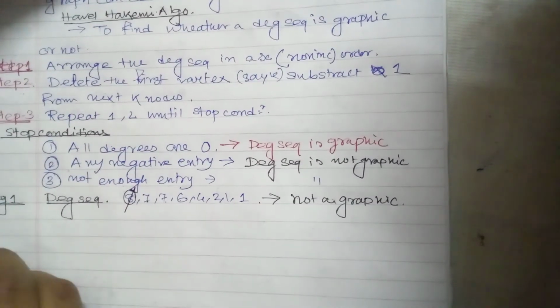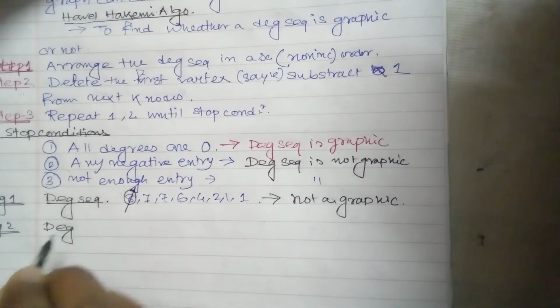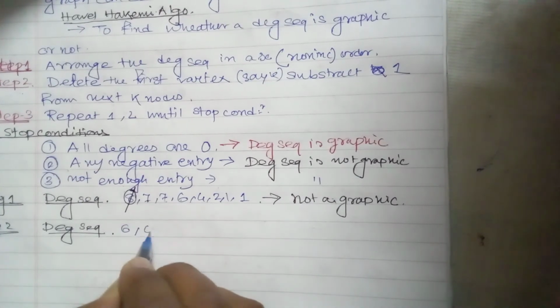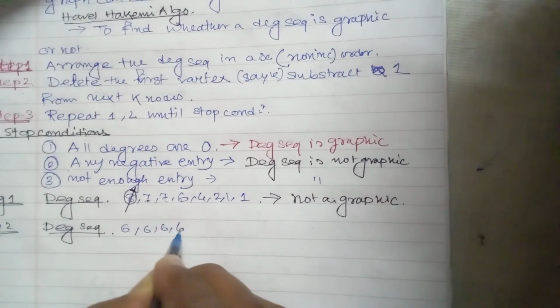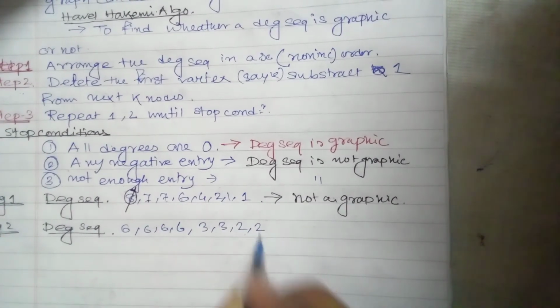Now example 2. I am taking another degree sequence, that is 6 6 6 6 3 3 2 2.